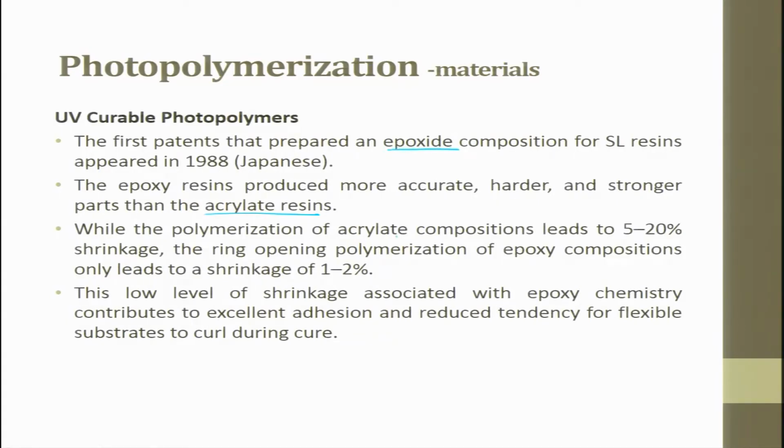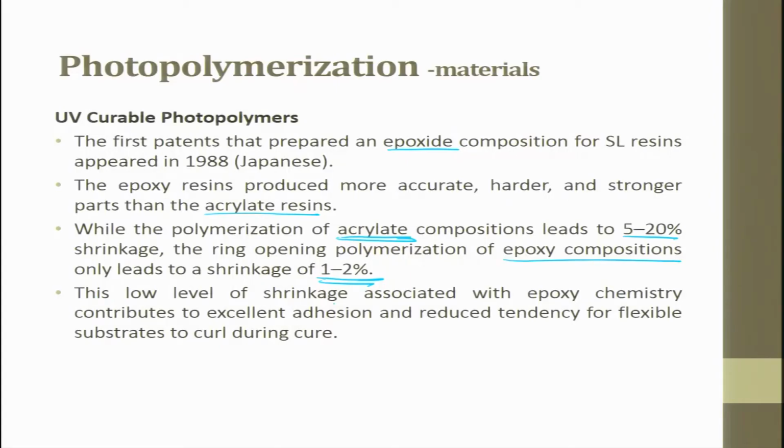While the polymerization of acrylate composition leads to 5 to 20% shrinkage, the ring open polymerization of epoxy composition only led to shrinkage of 1 to 2%. Then people started moving away from acrylate based photopolymerization to epoxy composition photopolymerization.